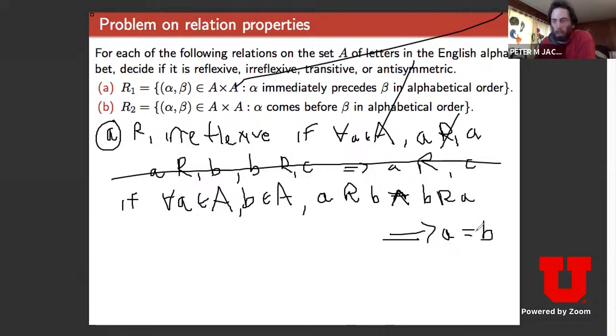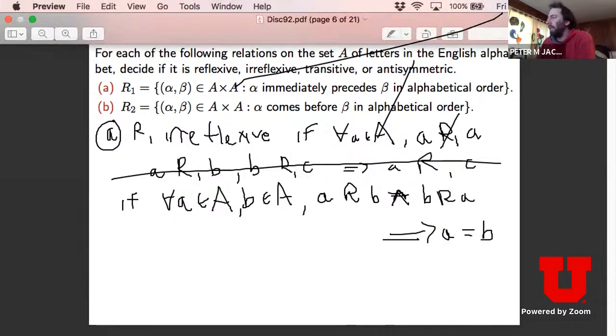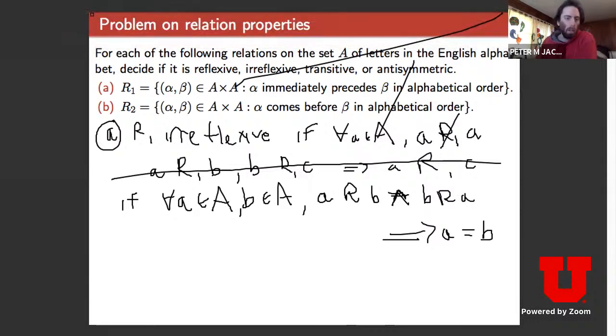There is a comment in the chat. Someone said in the private chat that it was antisymmetric.